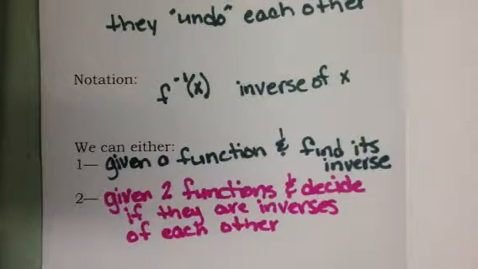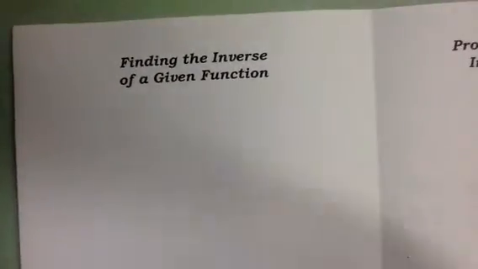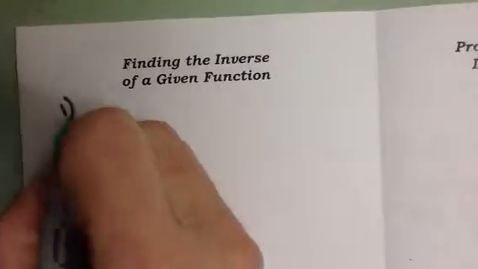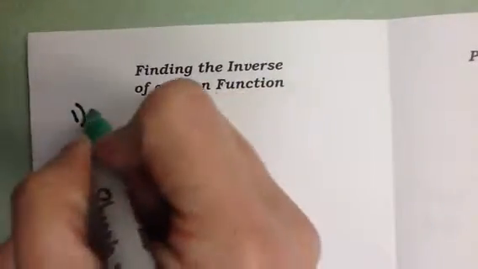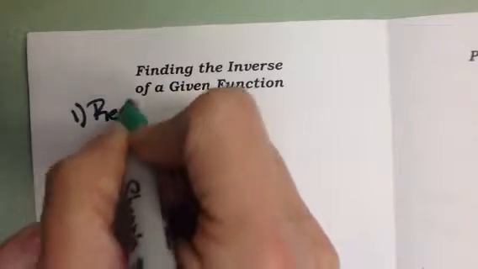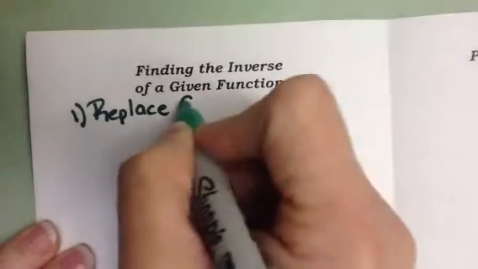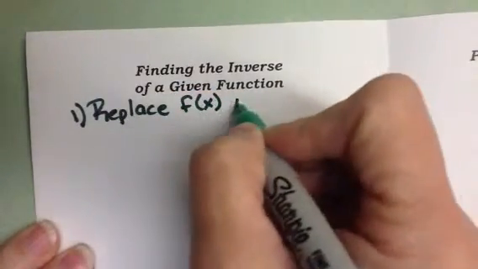Okay, so the first thing that we want to do is to find the inverse of a given function. So we're given a function and we want to find its inverse. Well, in order to do that, first, replace f of x with y.